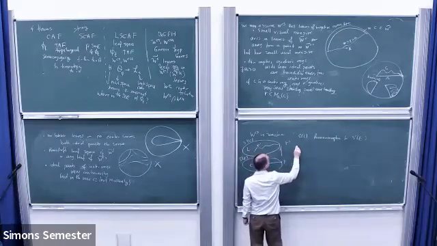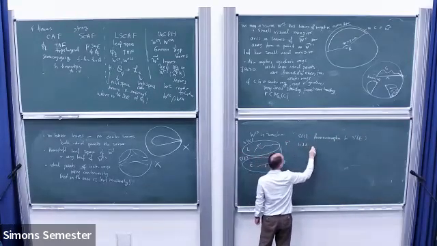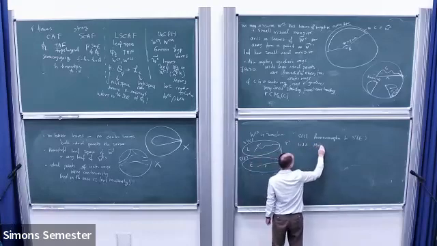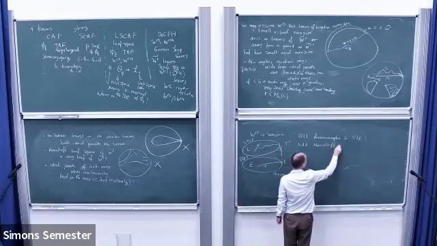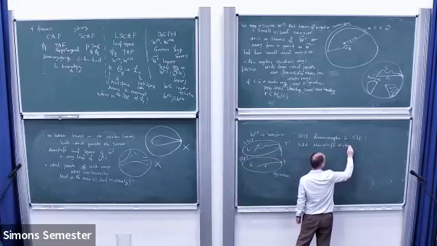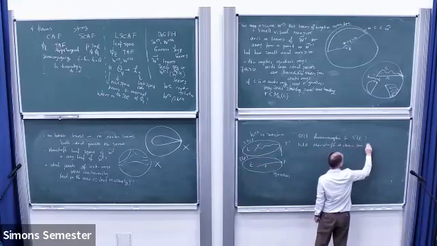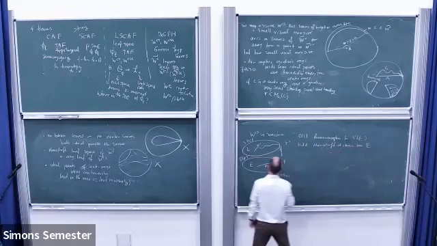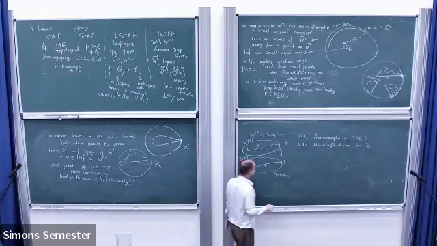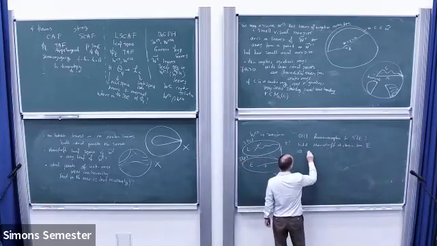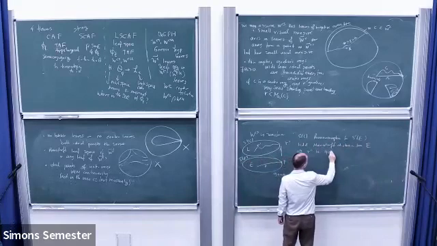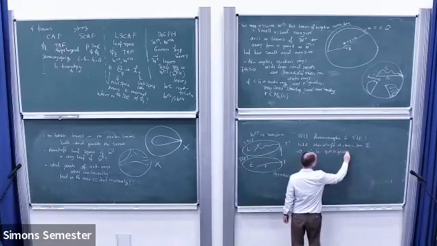So R prime is bounded Hausdorff distance from E, and then you use the R cover property and this bounded distance property to show that R prime is a quasi-geodesic.